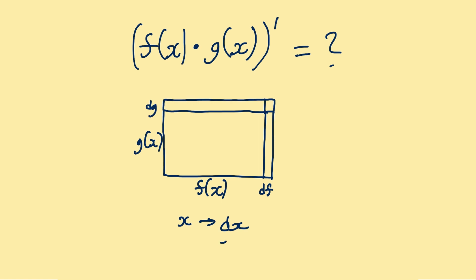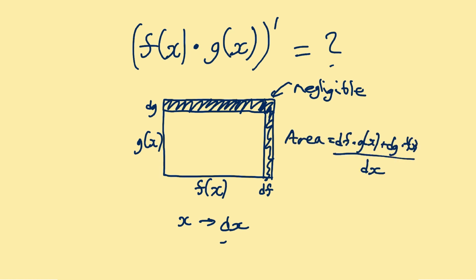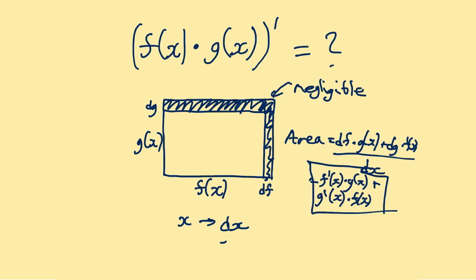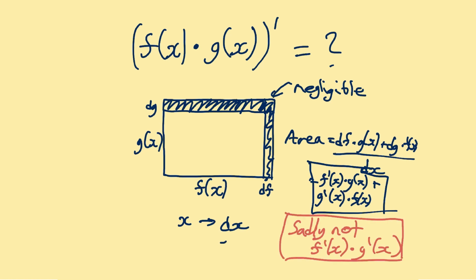Again, the square at the top right is negligible, and we're just left with a df by g of x rectangle and a dg by f of x rectangle. We can divide through by dx, and we get that the derivative is the derivative of f times g plus the derivative of g times f. That's the derivative of f times g. Sadly, it's not the derivative of f times the derivative of g. That's a common mistake. But yeah, the product rule says that it's not.